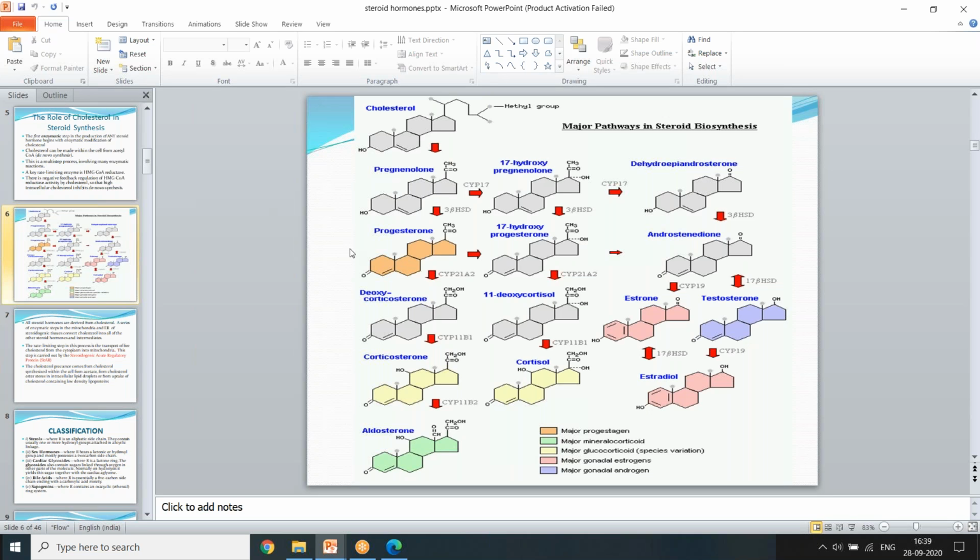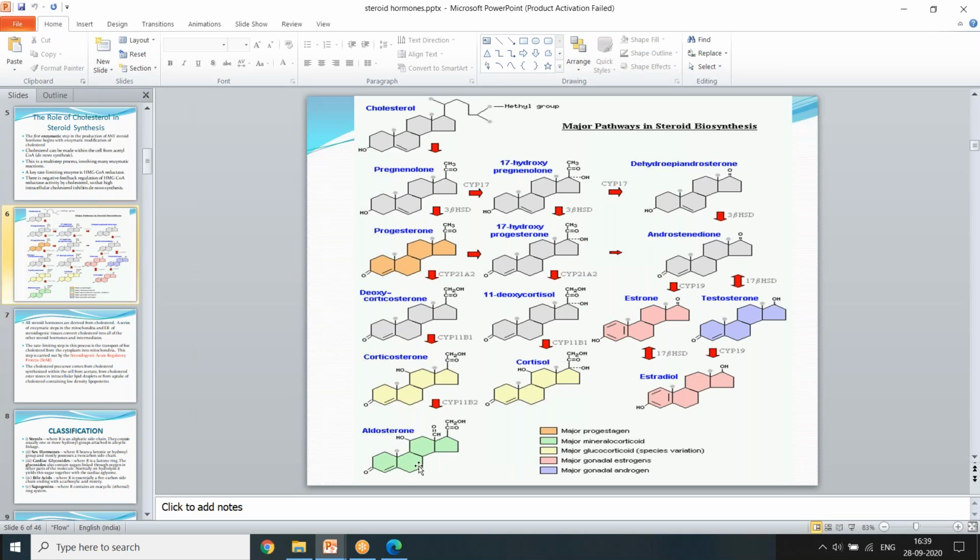Similarly, progesterone will be acted upon by 21 hydroxylase enzyme to give deoxycorticosterone, and this deoxycorticosterone then acts as a precursor to give glucocorticoids as well as the mineralocorticoids.